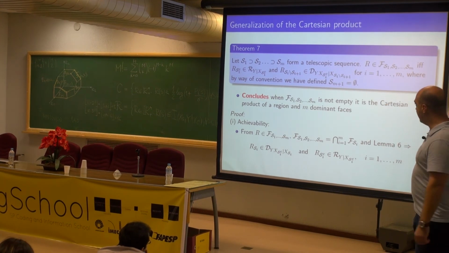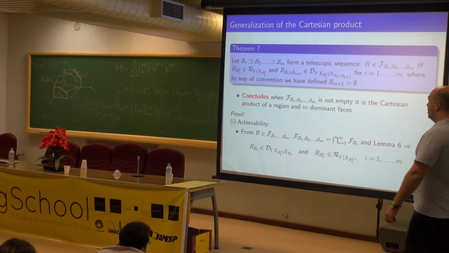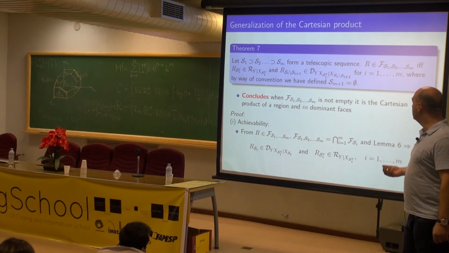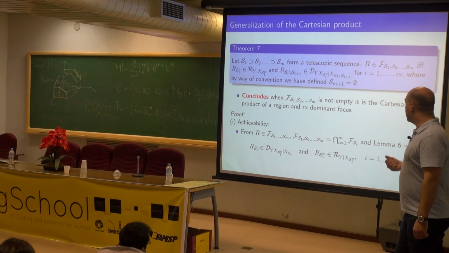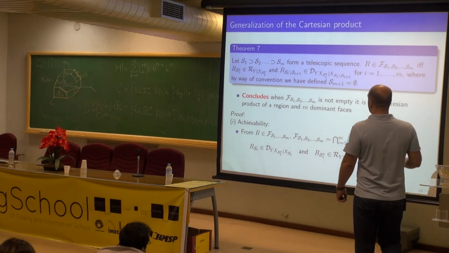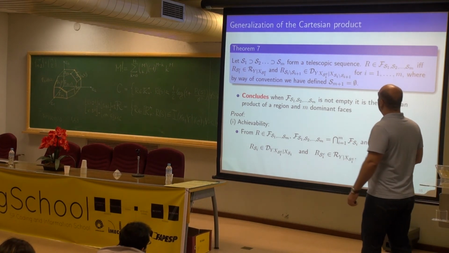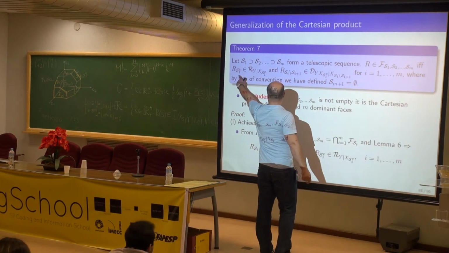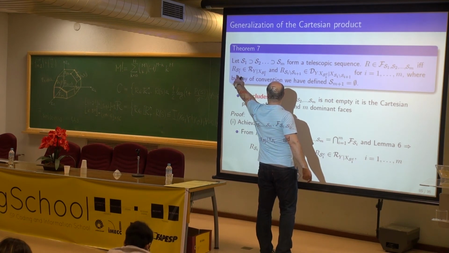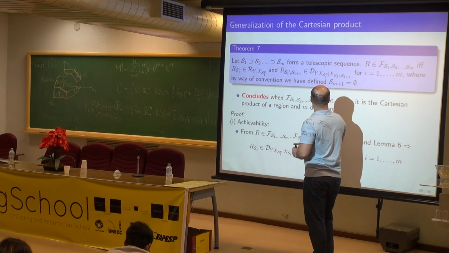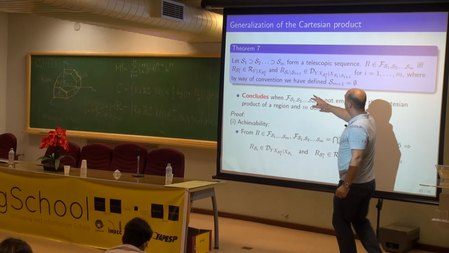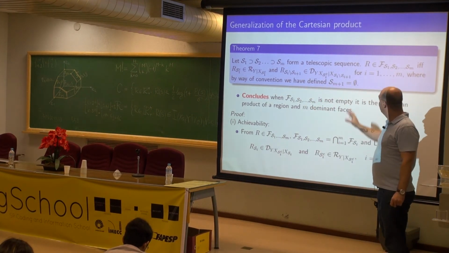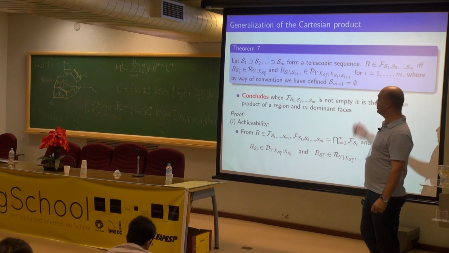So if again you have this telescopic sequence, SM is a subset of SM minus 1 up to S1, we have that the small one belongs to this channel, and then for any i, these increments belong to some dominant faces, and smaller dominant faces.